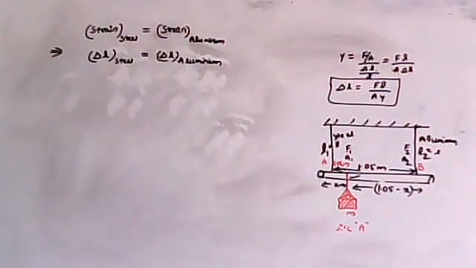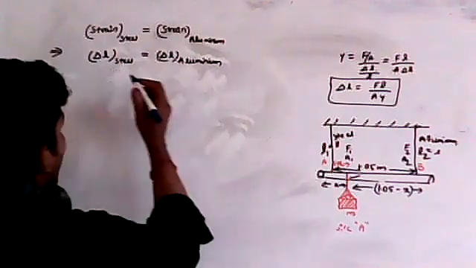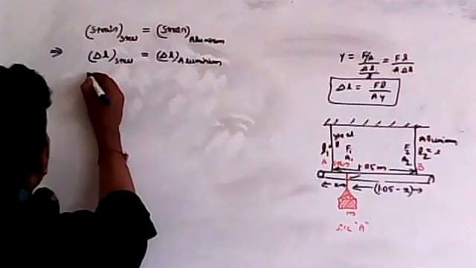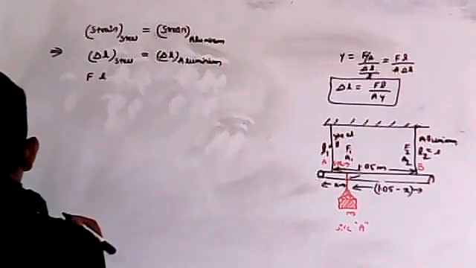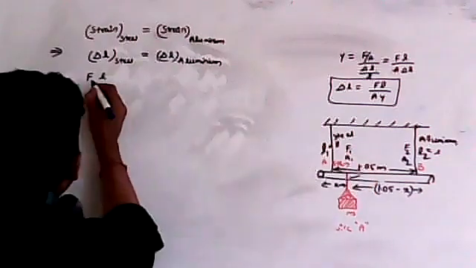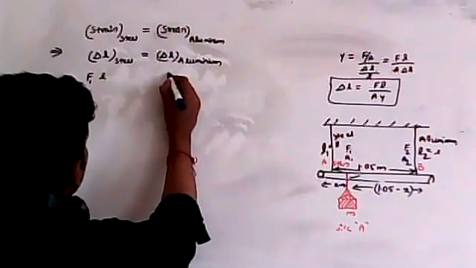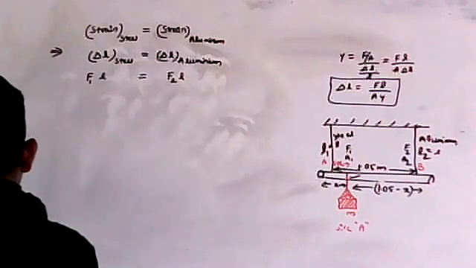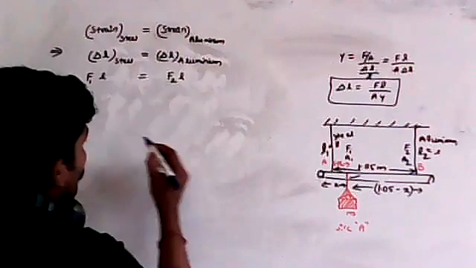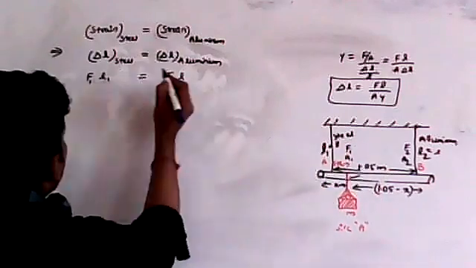Can you write it for steel and aluminum? Now I want the x value for this. What is that? Same. If I write F into L, F for this is F1, for this F is F2, into L. Then the length will be the same, I told, right?